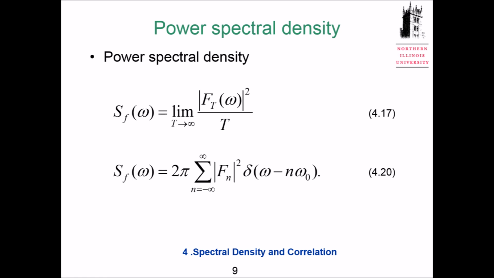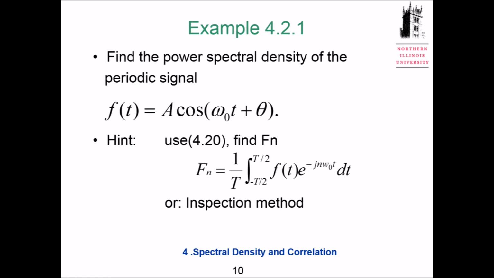If you look at your textbook, you'll get the problem. We have a signal, right? We have A cosine of omega 0 t plus theta. This one is a periodic signal, definitely a power signal. We want to find the signal's S_F(omega), power spectral density. So based on equation 4.20, we have to find the Fourier series Fn.